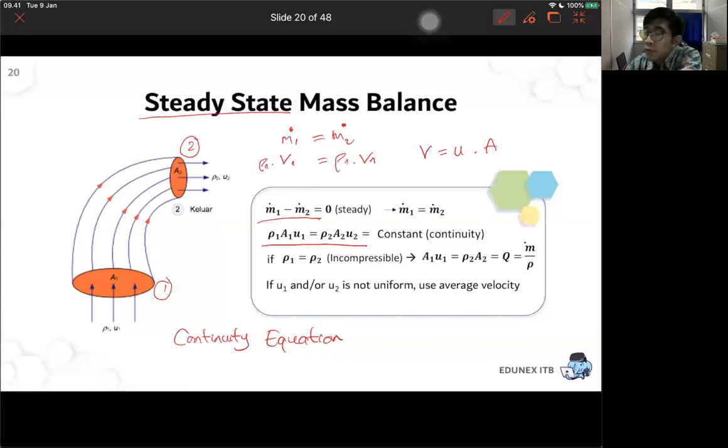So you derive from mass flow rate into the second term. And if the fluid is incompressible, it means the density is constant. Then you can take out the density, and then you have this equation. Sorry, there is some mistake. This one, U.